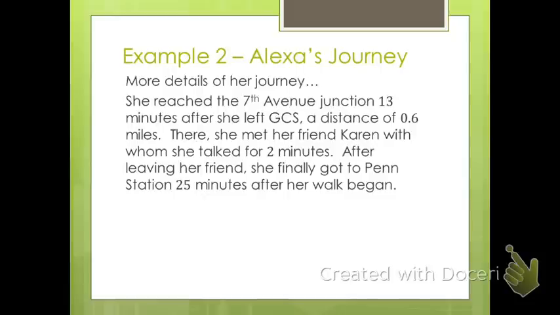So she did spend 25 minutes walking, and she went a total of 1.1 miles. The difference between this and the first problem is that the first problem assumed constant speed, that her speed was the same over the entire trip.